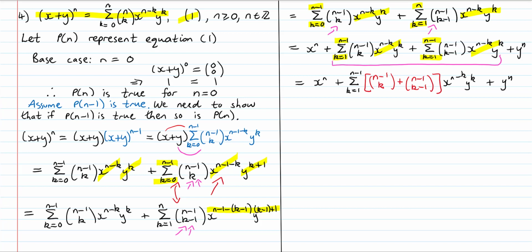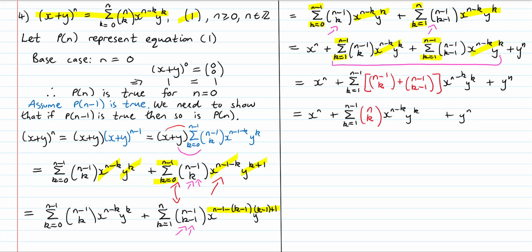Okay, so simplifying this a bit more, this is going to be equal to x to the power of n plus our sum going from k equals 1 to n minus 1, and then we have n choose k times x to the n minus k times y to the k, plus y to the power of n.